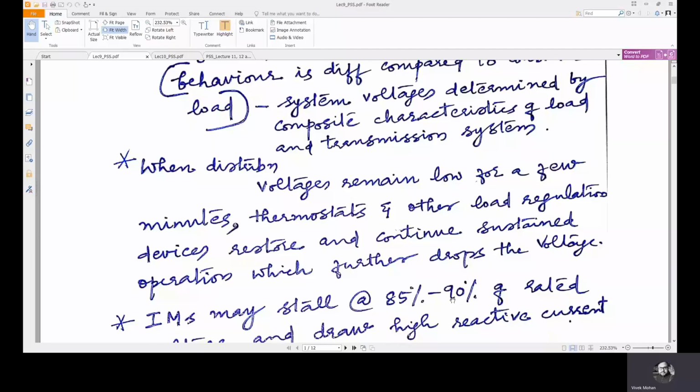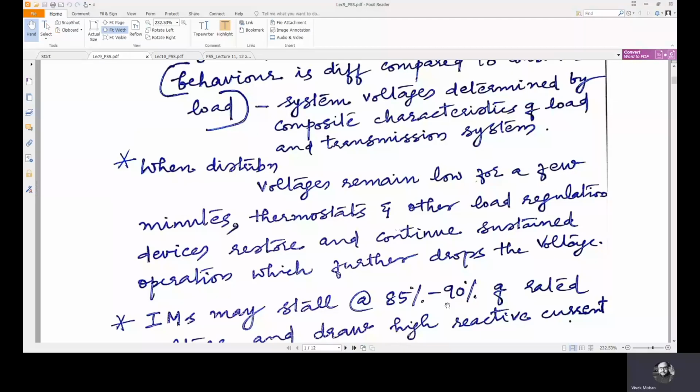We have several air conditioners connected in the distribution system as domestic and commercial loads. If the voltage is low, the air conditioner operates for some time until the temperature reaches the set temperature, and then it will switch off. Then again it will switch on for some time, then switch off, according to the room temperature set by the user.